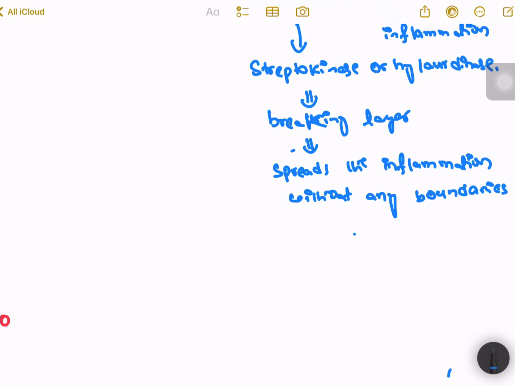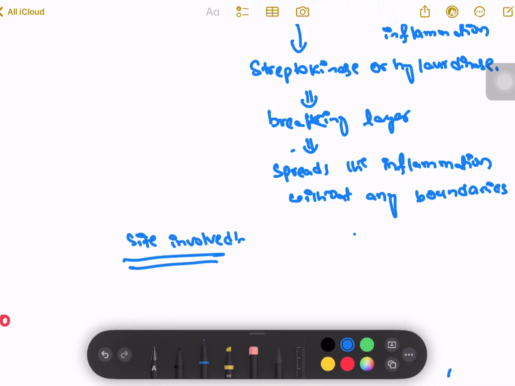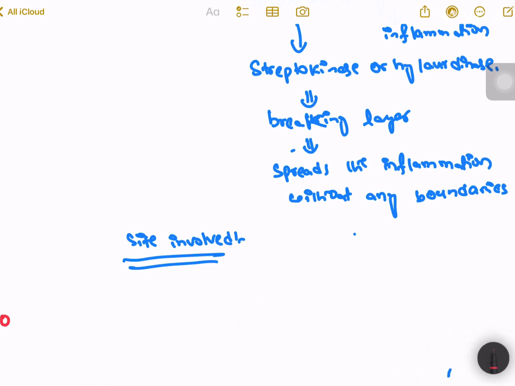So what are the most common sites involved? Most commonly, it is affecting the subcutaneous layer. The subcutaneous layer mostly consists of areolar tissue, loose connective tissue.